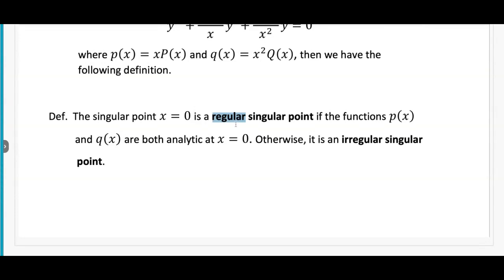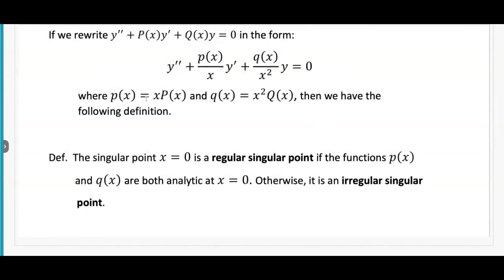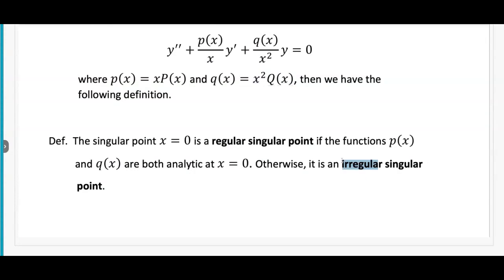Now we add this regular in front of singular point if the functions lowercase p of x and q of x are both analytic at x equals 0, which means x times capital letter P of x and x squared times capital letter Q of x are both representable in power series. Otherwise, we just call it irregular singular point. So we have two kinds of singular point.